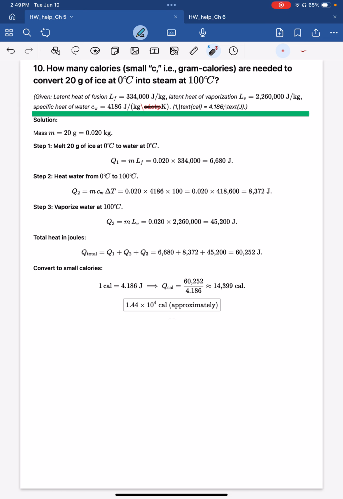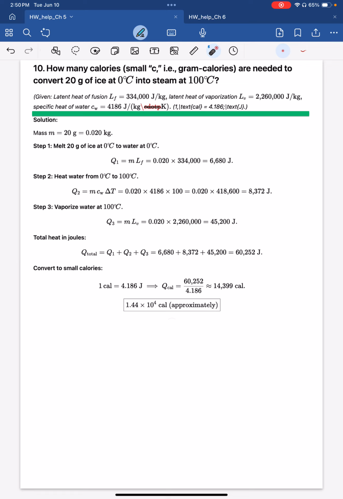This was something like we've done before, but with more steps. How many calories, small c, so that's gram calories, are needed to convert 20 grams of ice at zero into steam at 100? So you're going from ice at zero to steam at 100, and you have 3 steps. We did that before, but it was a little different.